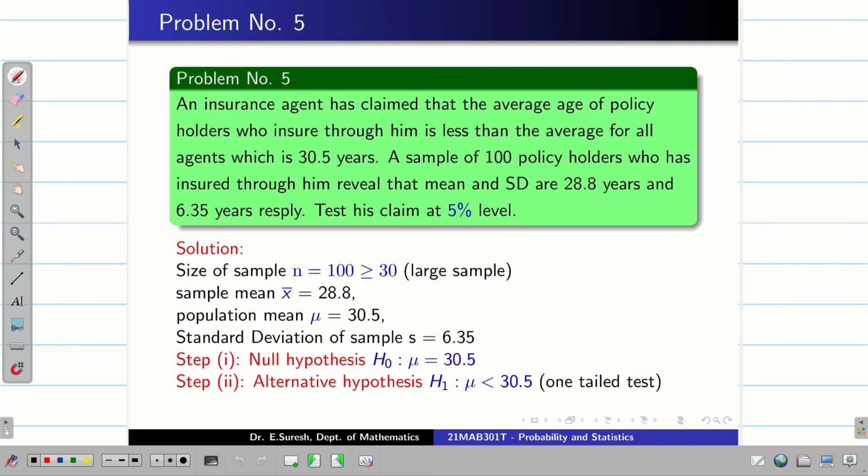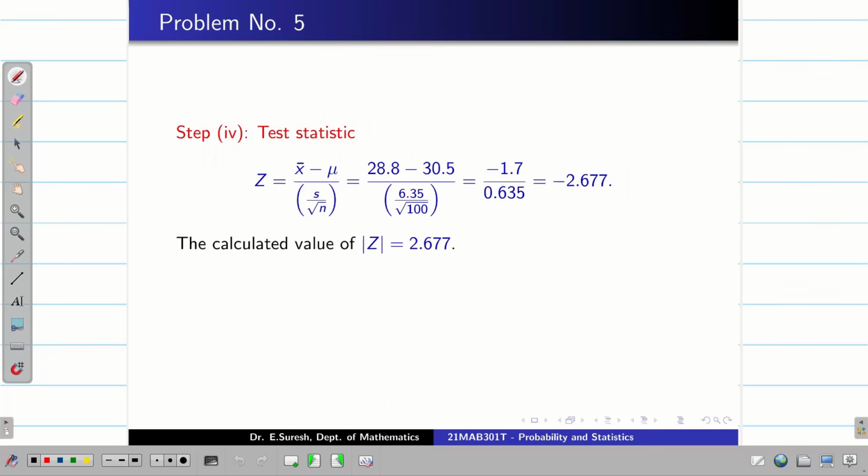This is my alternate hypothesis. So it is a one-tail test and at 5% level, Z alpha value is 1.645.